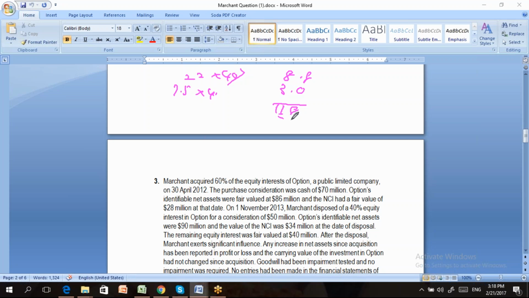Nathan is affected, isn't it? Nathan, which was 22 million. The 3 million loss should be under TCI. So Nathan's TCI will not be 22, it will be 19. Of the 19, 40% will be the figure.